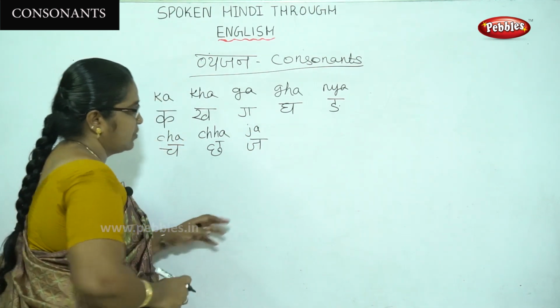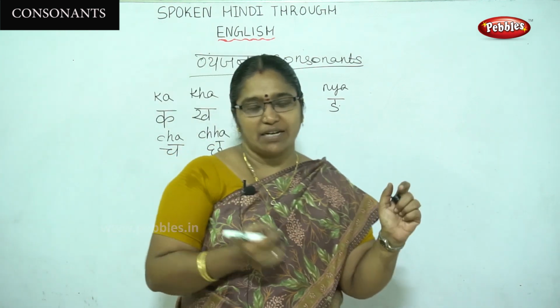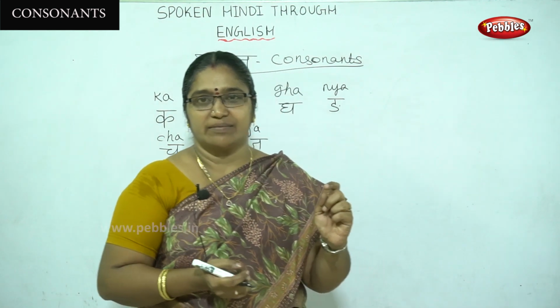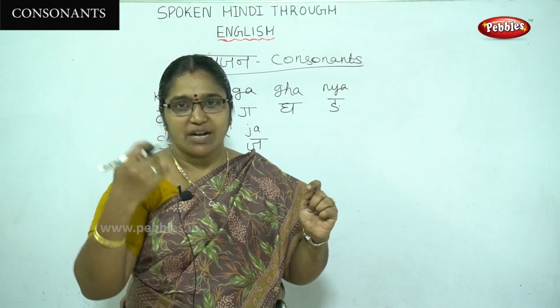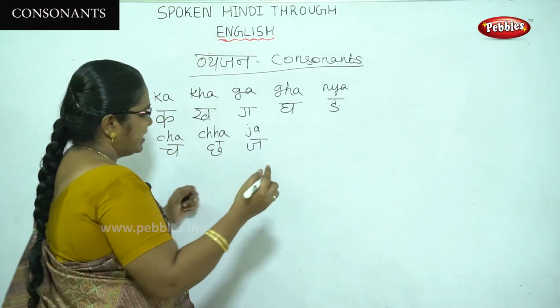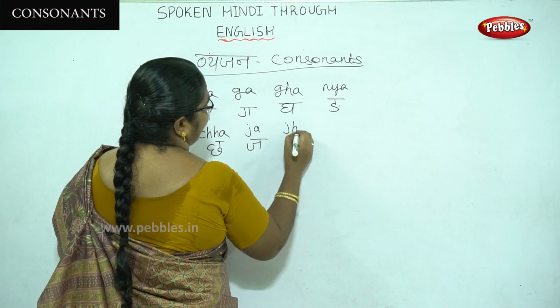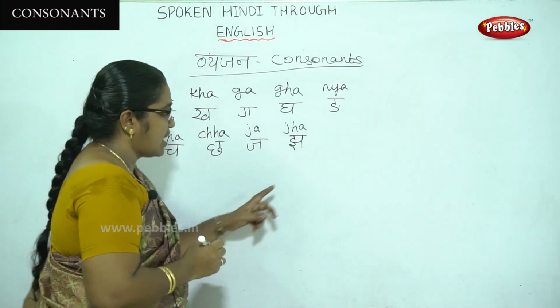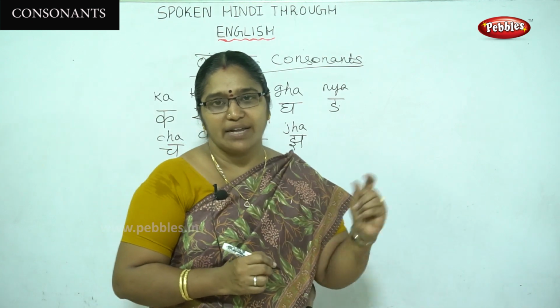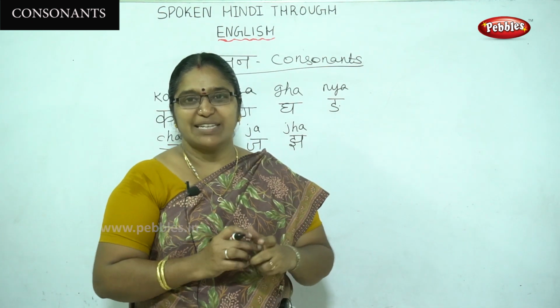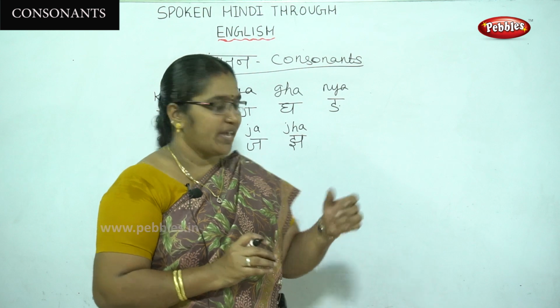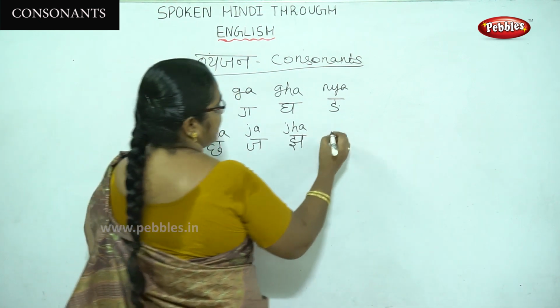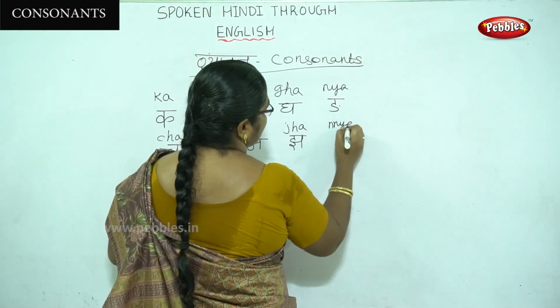Ja is a U type. This is for jug, janvar. The next one is jha. We have to write it like this. Janda means flag. The next one is nya.